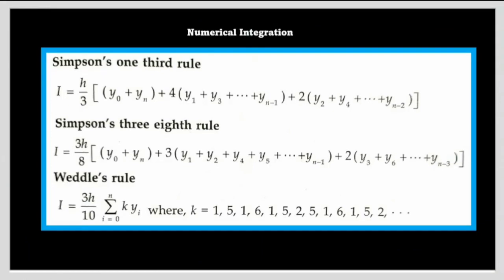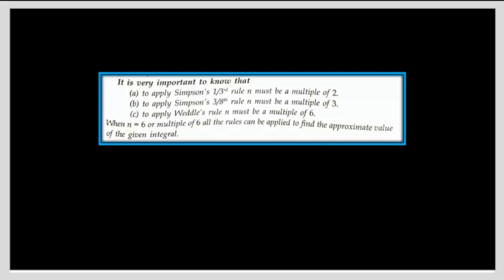So next is numerical integration. We have three rules: Simpson's 1/3 rule, Simpson's 3/8 rule, and Weddle's rule. Based on the data, we will decide which to use. To apply Simpson's rules, the given data is represented by x0, x1, x2, up to xn.